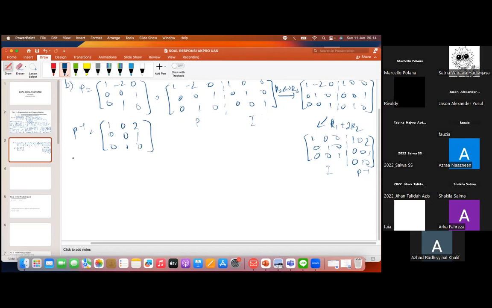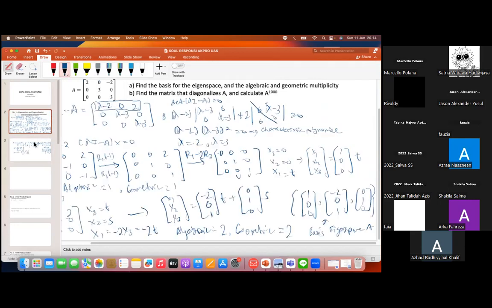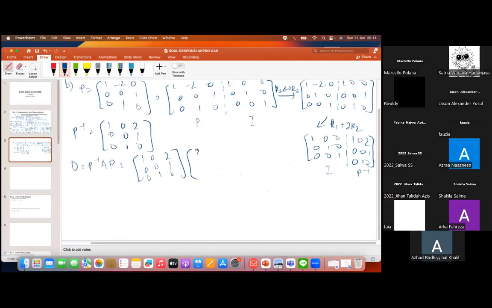So now the next part is to find the diagonal matrix, D equals P inverse A P. So all I have to do is just write it down. Let's do 0, 0, 0, 3, 0, and -2, 0, 0.